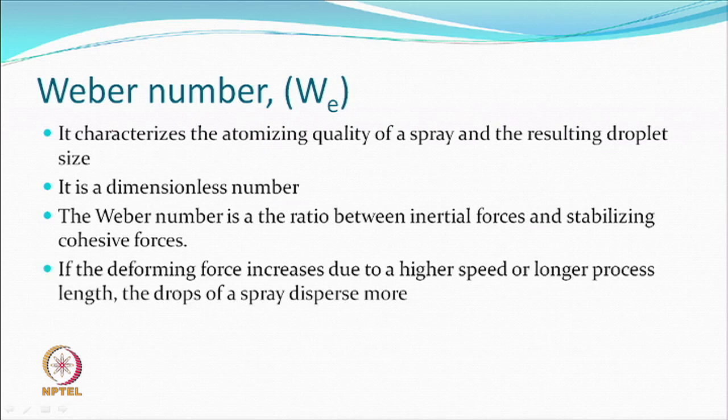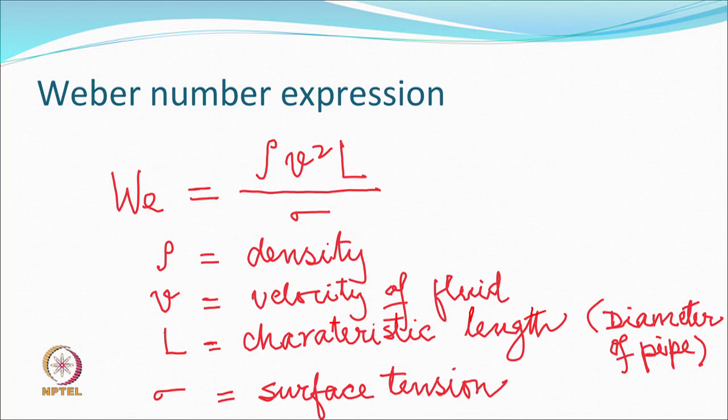If the deforming force increases, that means you have high pressure, high frequency of the actuator, you can get a higher speed, the drops can get dispersed more, the spray will become dispersed, the droplet will disperse as it comes out of the nozzle. So, the Weber number expression is something like this, related to the density, the velocity, the dimension and also the surface tension.